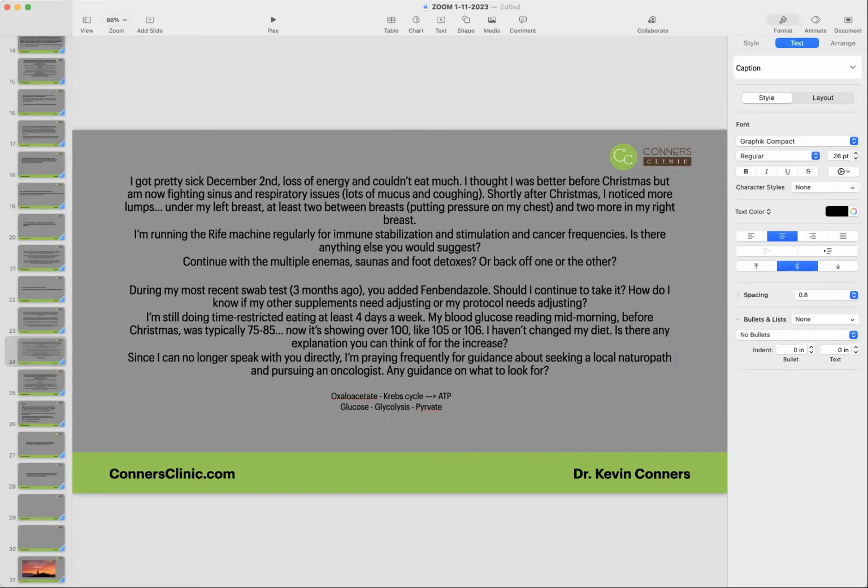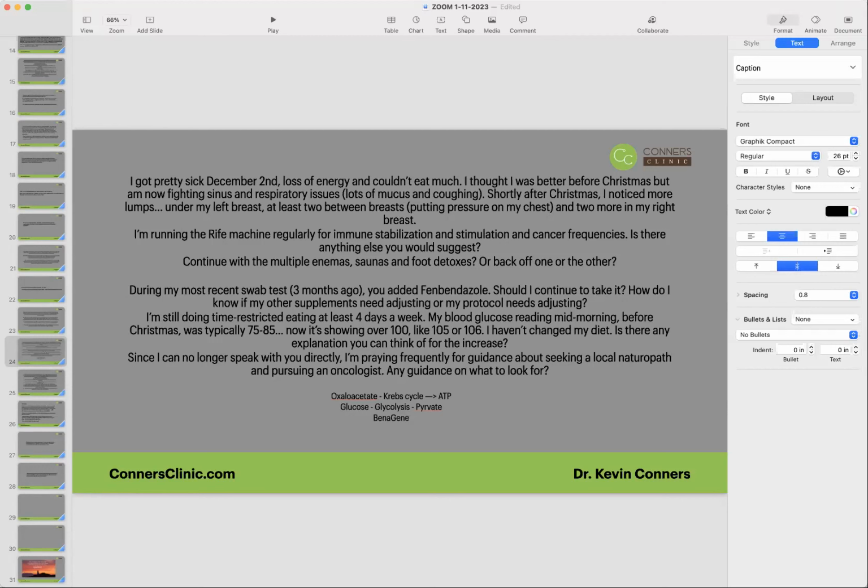Now, oxaloacetate is available in just 2 forms, really 2 dosages. Alan Cash, the owner of Terra Biologicals, makes the product by the name of Benagene.